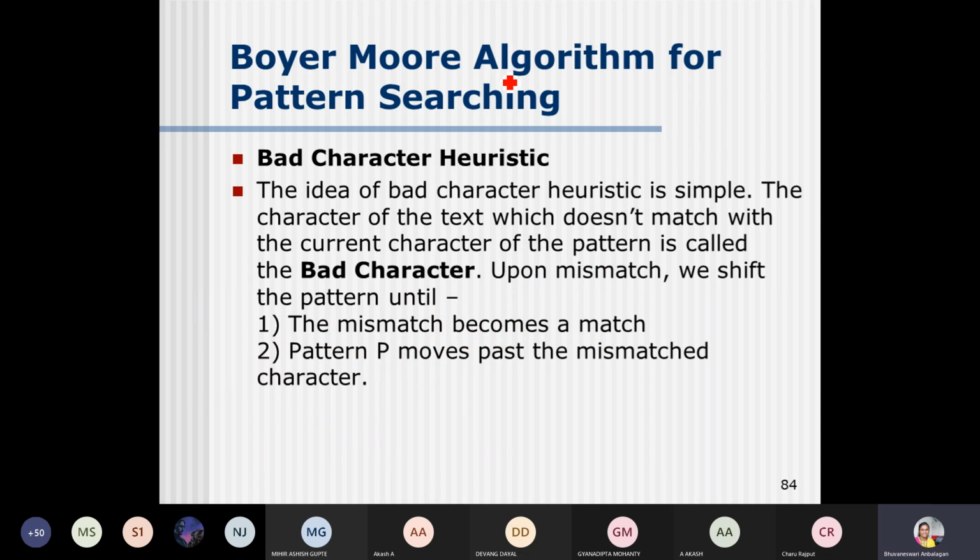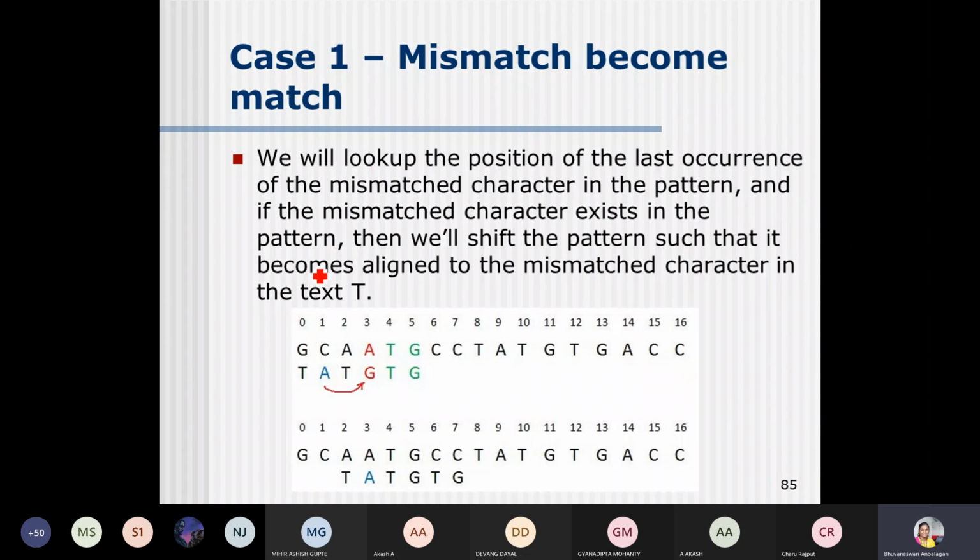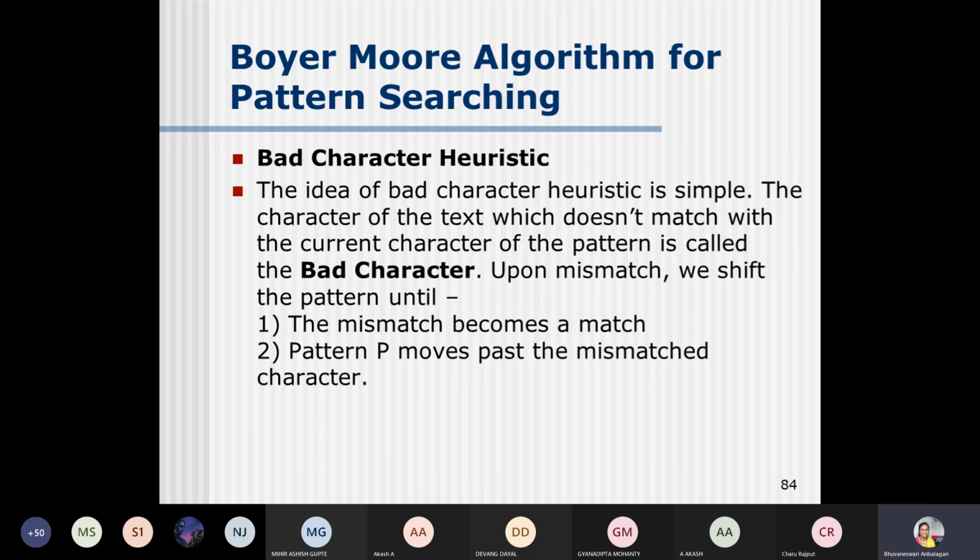The next algorithm is the Boyer-Moore algorithm. This is also for pattern searching, but the only difference is that it will not search from left to right, but it will search the pattern from right to left. If I'm given a text like this, and this is the pattern, it has some basic concepts.